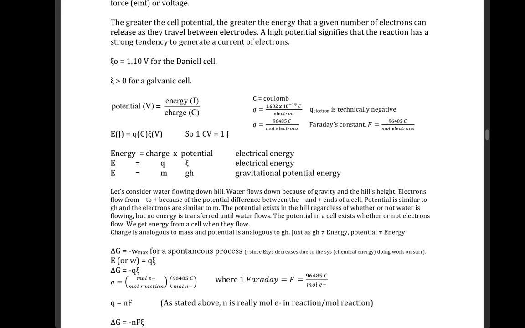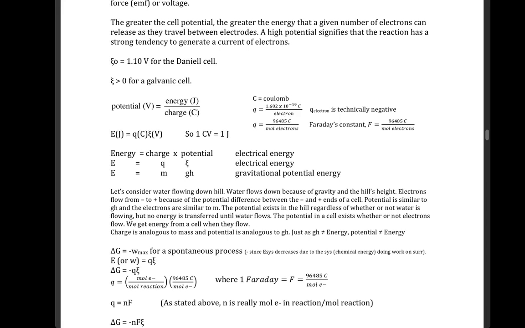If we multiply that by Avogadro's number to determine the charge per mole of electrons, we get that Q is equal to 96485 coulombs. This quantity is referred to as Faraday's constant. We will see that later. So Faraday's constant is 96485 coulombs per mole of electrons, and it is symbolized F, capital F.